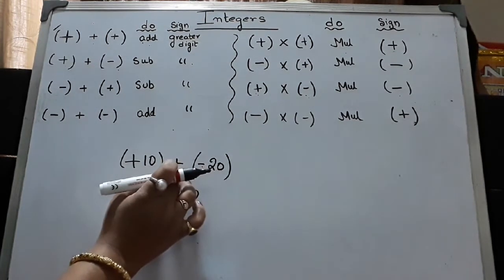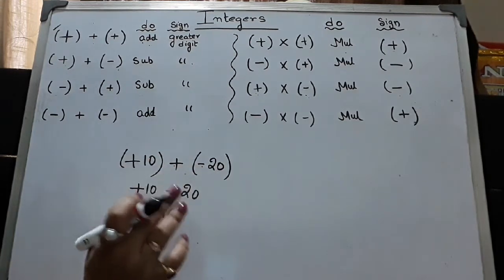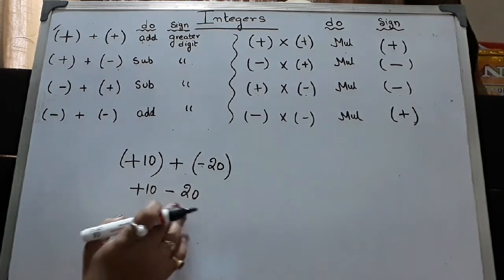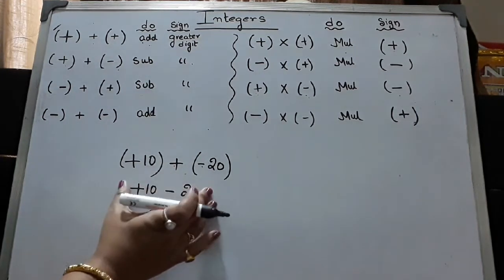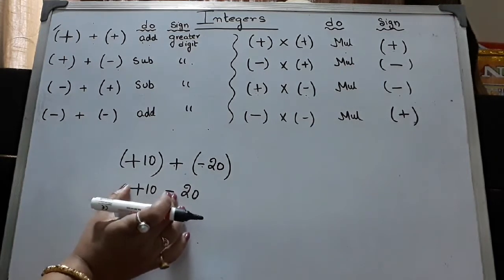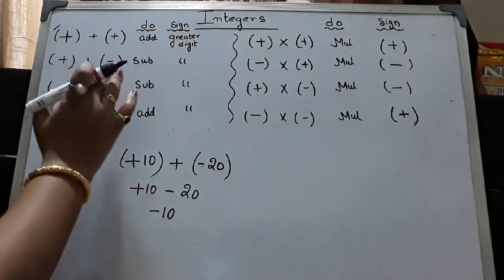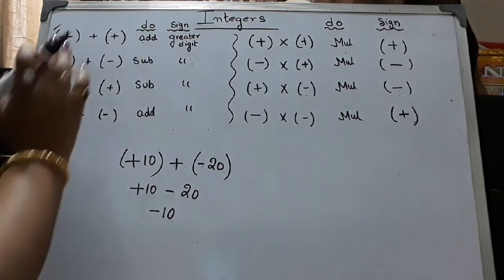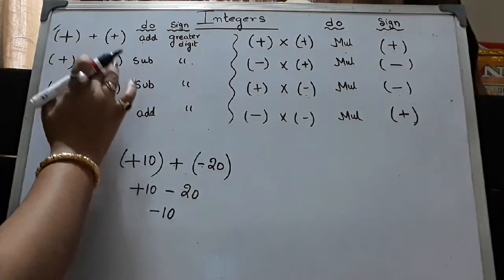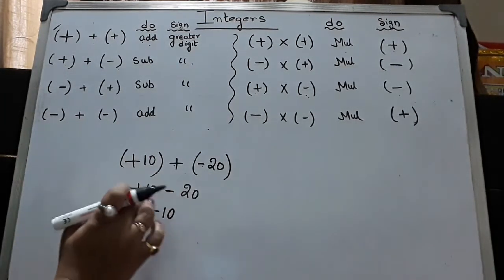Actually here it is addition. Then when we convert this, it becomes subtraction. That doesn't mean you have to show that this is a subtraction sum. This is an addition sum, but since the signs are opposite, plus and minus, according to the given trick, plus and minus you have to subtract. That doesn't mean this is a subtraction sum.